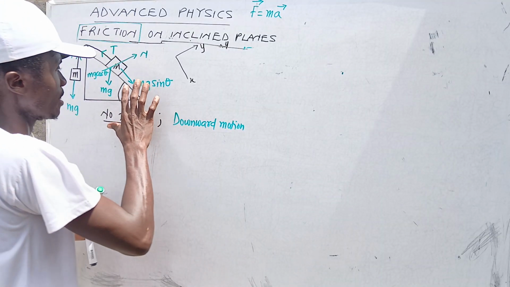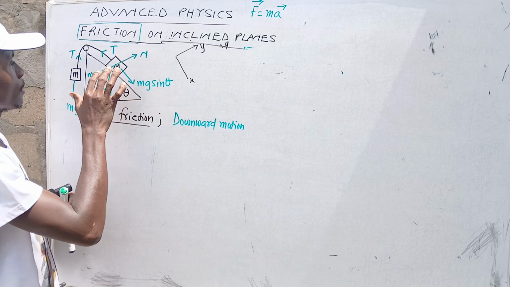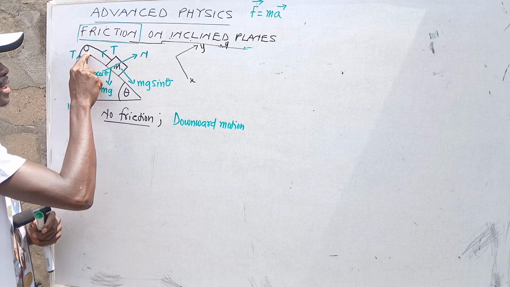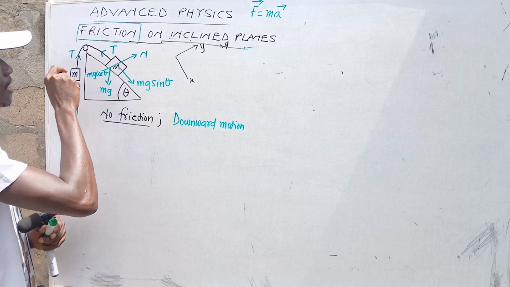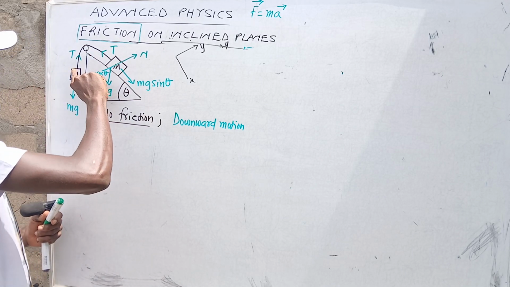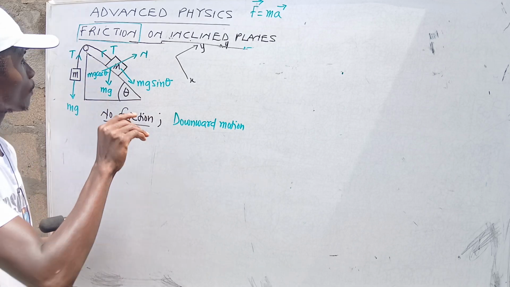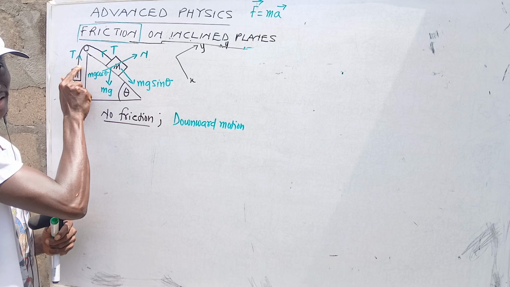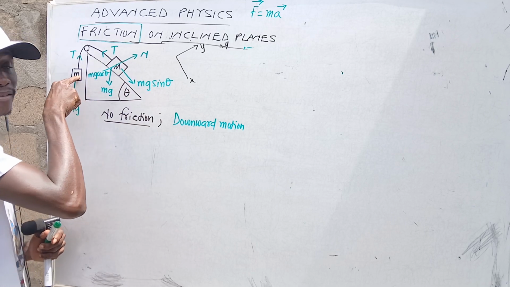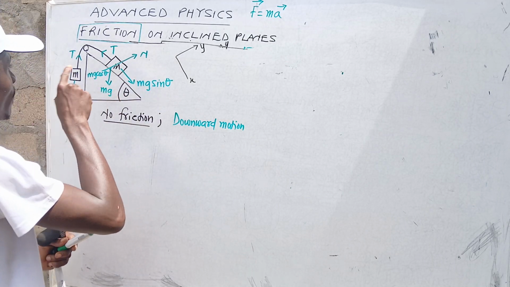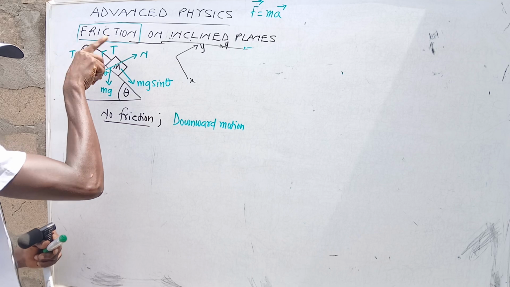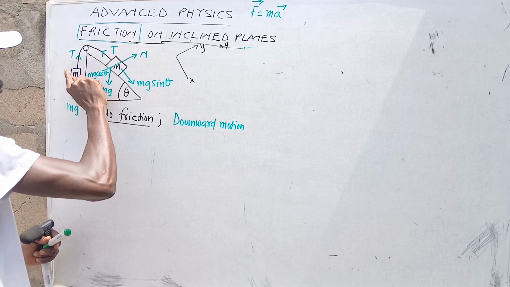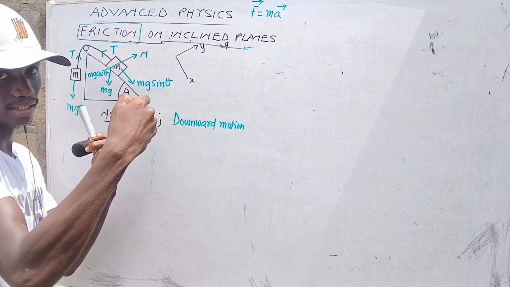Let us consider this incline with a pulley at one of the vertices. Now, you have a rope which is inextensible passing over the frictionless pulley holding two masses. This is greater than this. Now, there is a tension T in the string, which has to be the same throughout the string because it is massless.